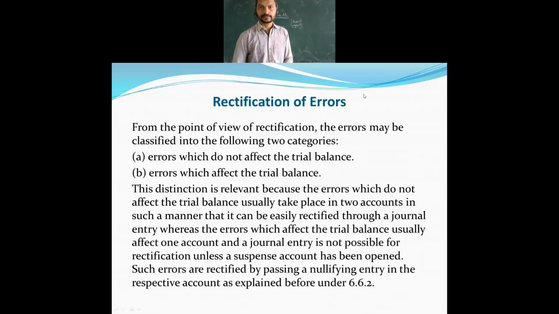You have to understand it is a partial or complete error. So here, you have to understand the first point: the two accounts will be affected. That is what the errors which do not affect the trial balance are.